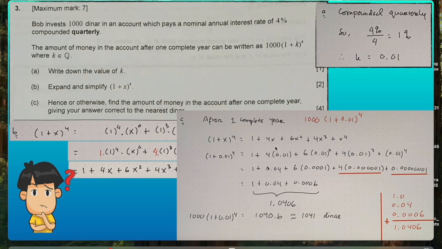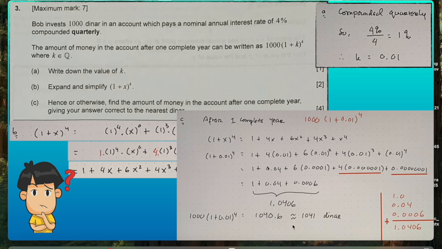Okay, so replace x with 0.01, and then go to the next line. We have 1 plus, well, 4 times 0.01 is equal to 0.04, and then 0.01 squared is equal to 0.0001 multiplied by 6, and so on. Here I only choose these 1, 2, 3 terms, and multiply by 1000 based on this formula. Why?